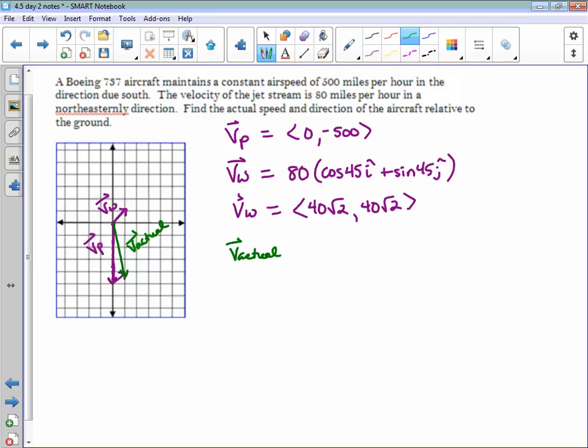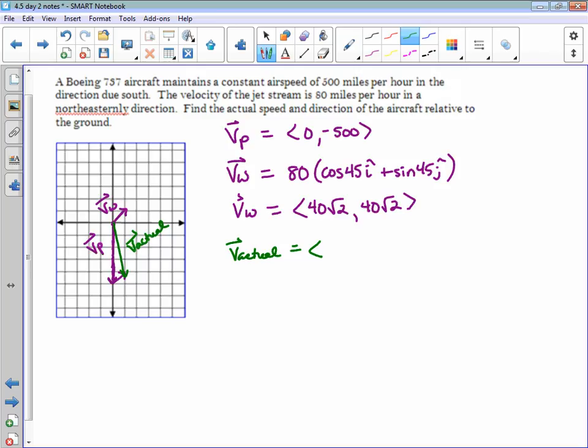I just connected from the origin to where I'd done the head to tail method. It's 40 square root of 2. So we're going to get to the component form in just a second. Is that what you're talking about?